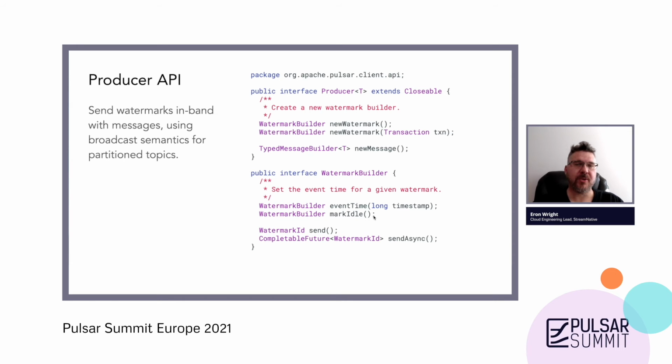So in the Producer API, when you create the producer, you have the option of naming your producer. If you don't provide a name, Pulsar generates one. These names are how we identify the producer's contribution to the watermarks.